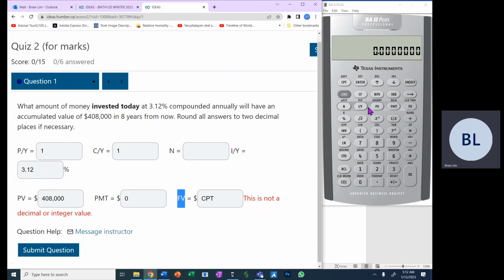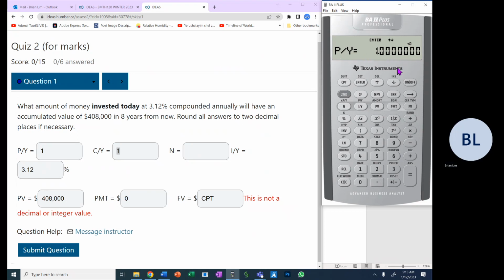So now we can use the calculator. Let us go over here and input PY and CY. We will go second IY. And CY is 1, so we click on 1 and we must click on enter. Now we have PY is equal to 1. Now that value is also being entered for CY.